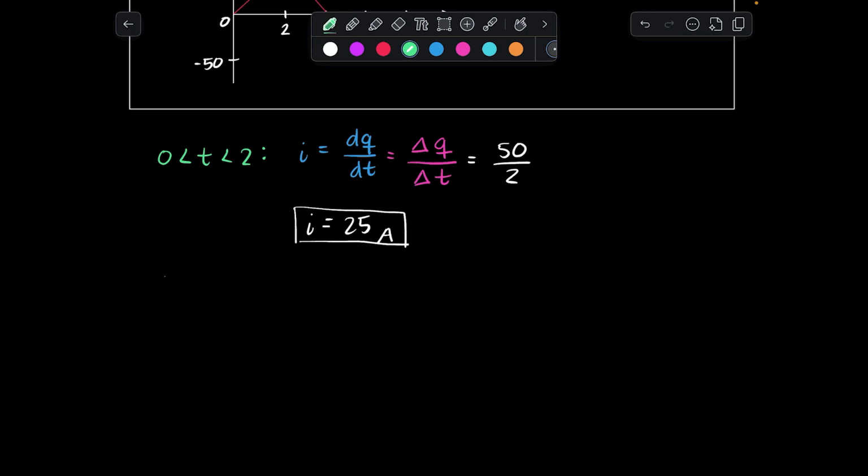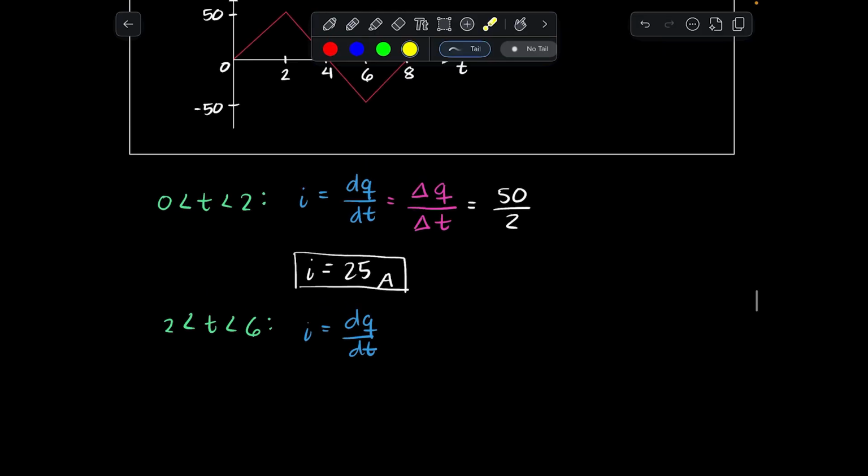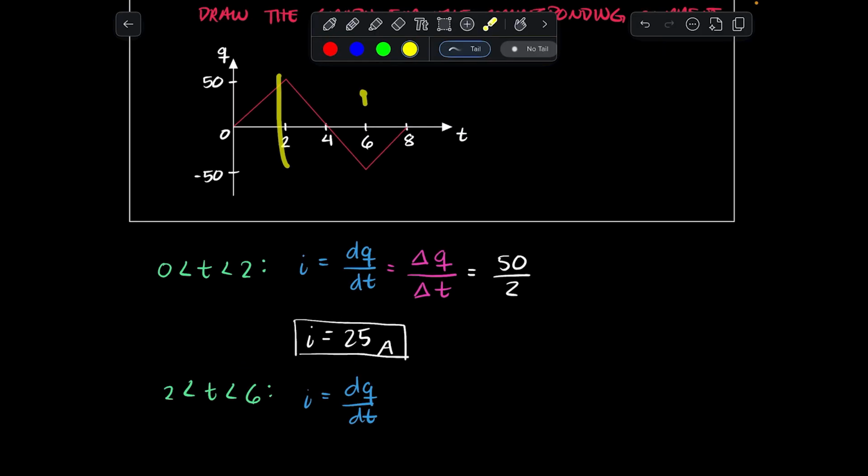Now let's look at when time is between 2 and 6. We'll use the same formula. And we see here, between 2 and 6, we start at positive 50, and then we end up at negative 50. And so we have a total change of negative 100 units on the y-axis.